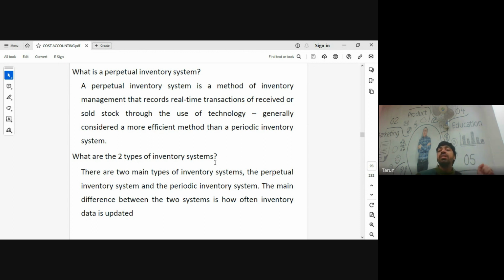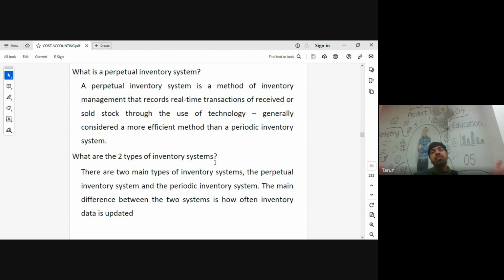And the main difference is how they update the inventory data or stock data, on a continuous or an irregular basis: how much stock has been received, how much has been sold, how much has been stored, how much they have handled in the warehouses, how much they have transferred from one department to another or from one location of the organization to another.